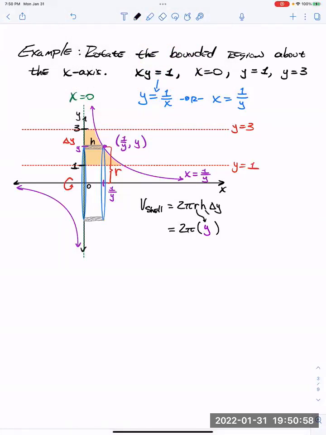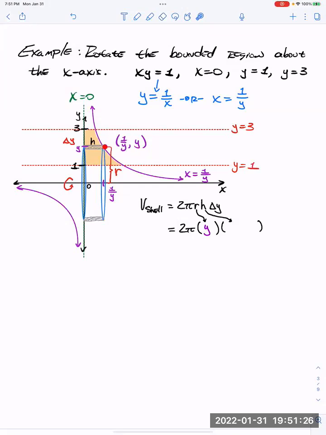Now over here, we're going to put in our h's. Okay, now h is this distance, right? It's this larger x value subtract the smaller x value. Well, what's the larger x value? See, it's not x, it's what? It's x equal 1 over y, 1 over y, because it's coming from this function.